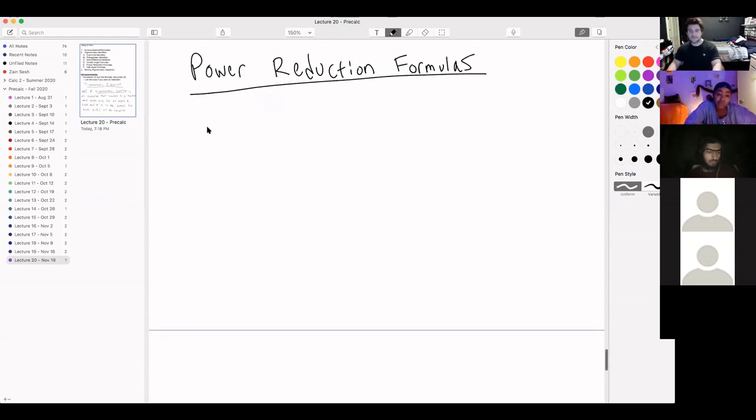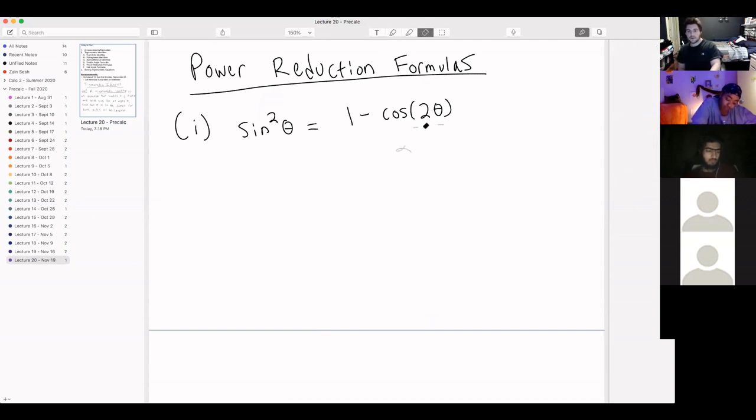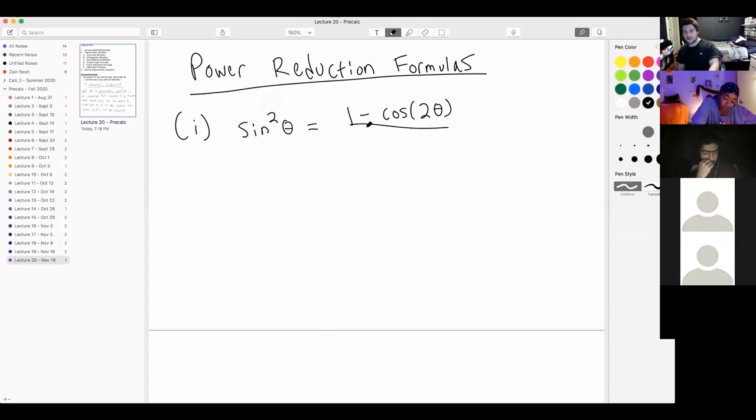All right, so here's the first one. We have that sine squared theta is equal to 1 minus cosine of 2 theta over 2. Sorry, it's a little sloppy. So it's 1 minus cosine of 2 theta over 2.